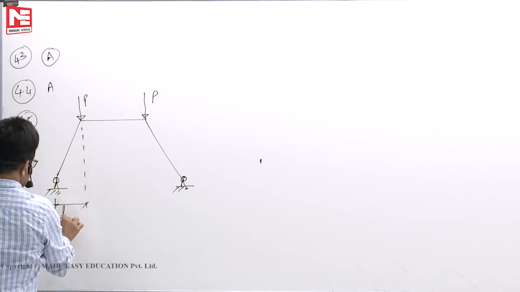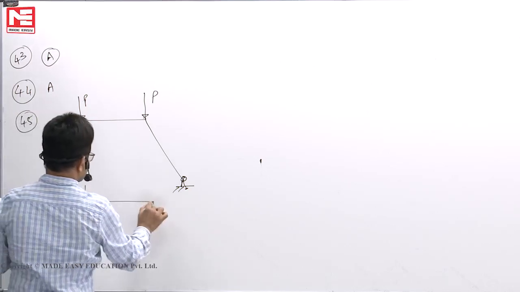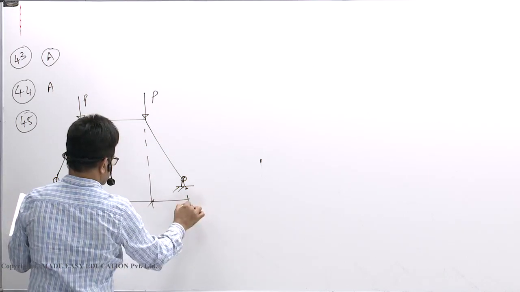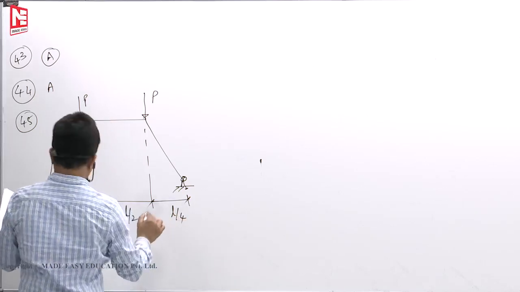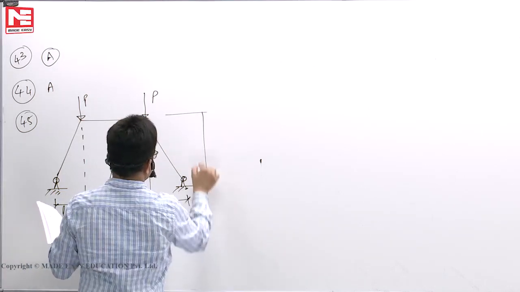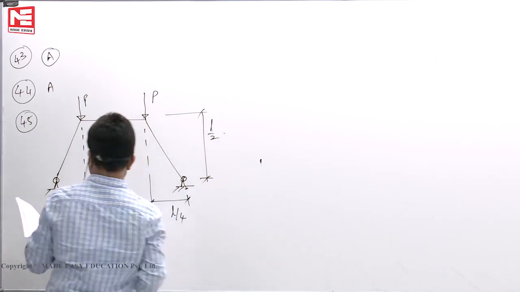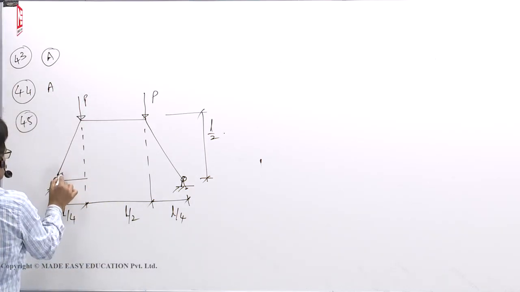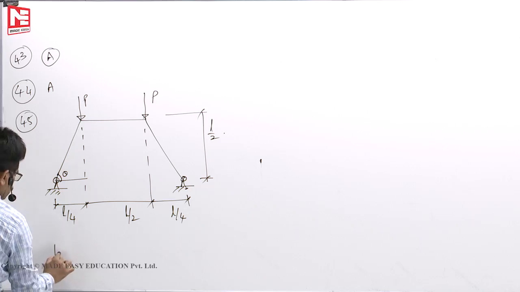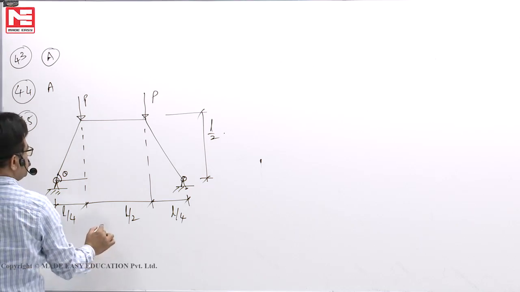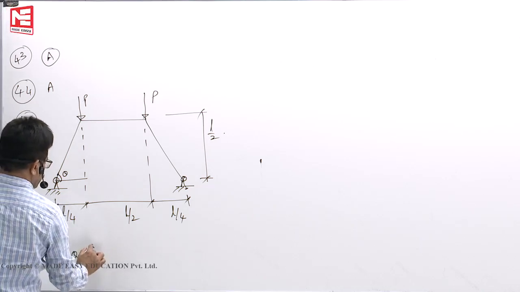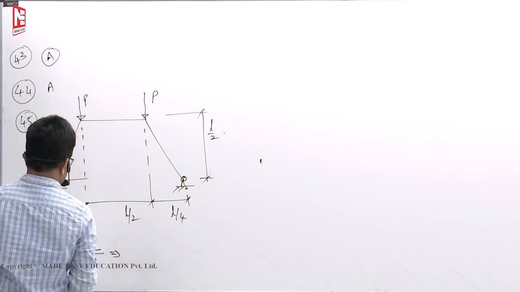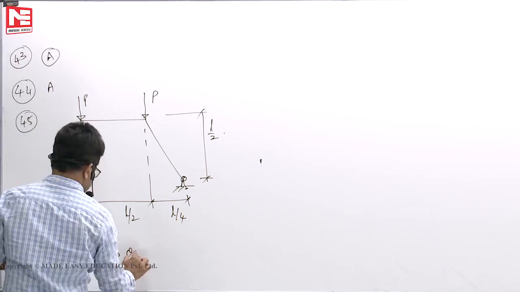This distance is L by 4, L by 2, L by 4. This is L by 2. L by 2, L by 4. That means this is theta. Let us say tan theta is equal to 2 by 1. You will get that theta is equal to tan inverse 2, something like that.